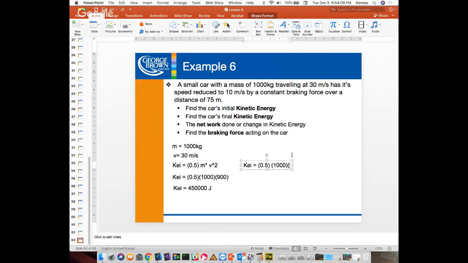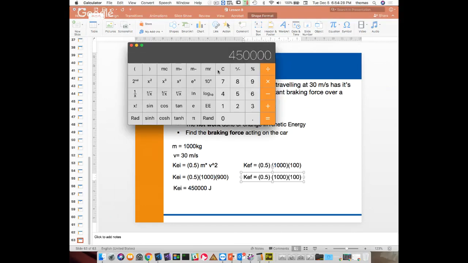So 10 times 10 is 100. That's 1/2 mv squared, which equates to, and it's not K initial, it's the kinetic energy final. We'll make it so you can see that one is different from the other. So kinetic energy final is equal to 0.5 times 1,000 times 100, which is 50,000.